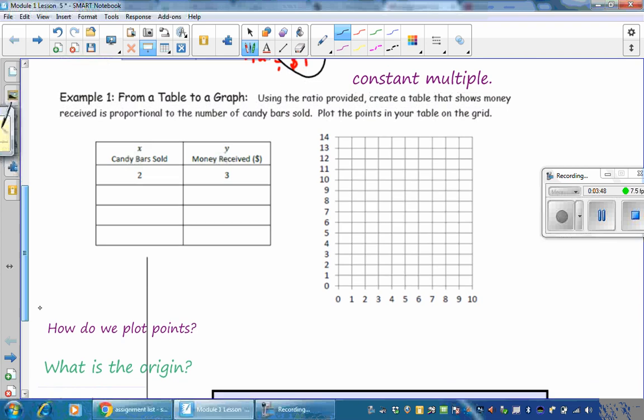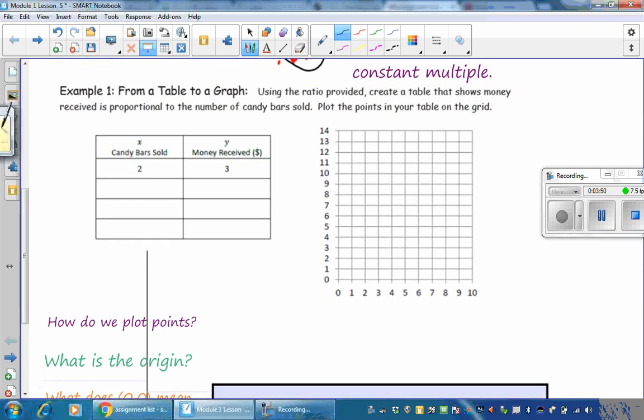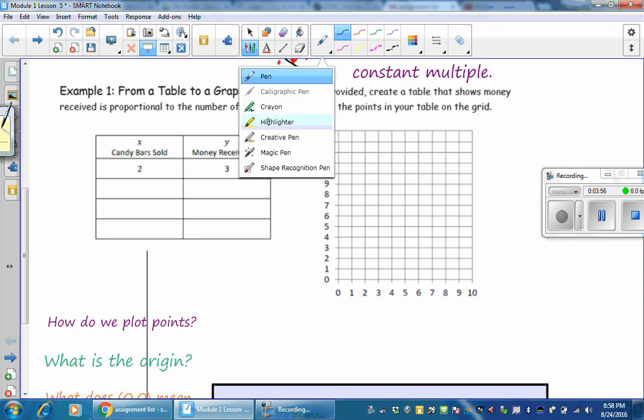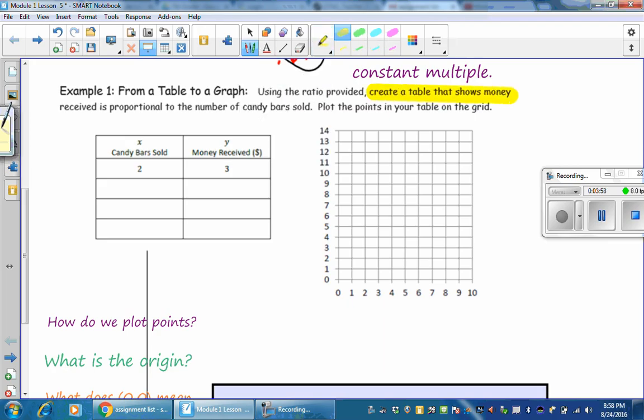In example 1, from a table to a graph, we're going to use the ratio provided, and this time we are going to create a table that shows the money received is proportional to the number of candy bars sold. So in other words, every candy bar costs the same amount, no matter how many you buy.